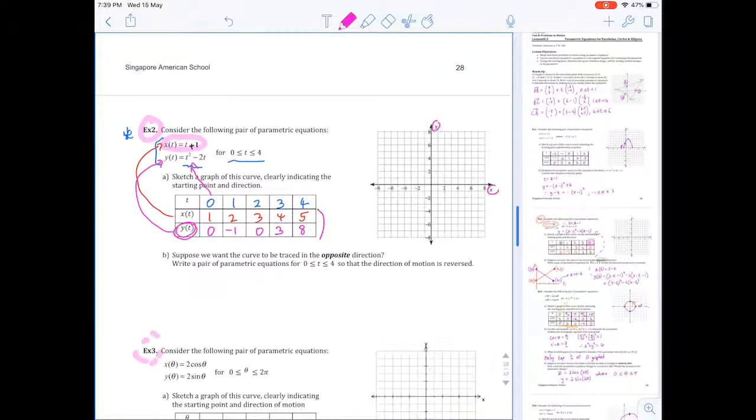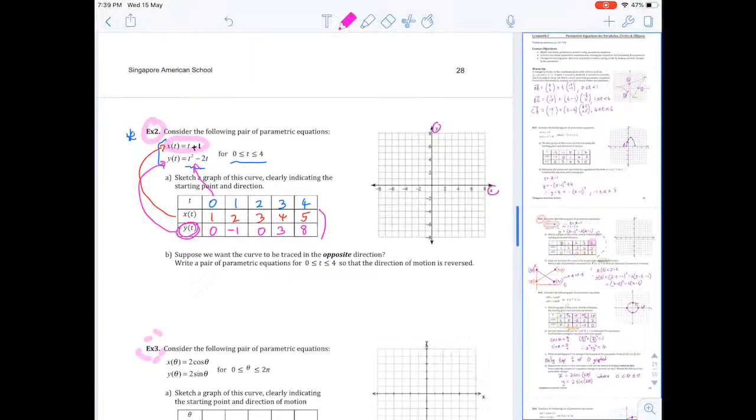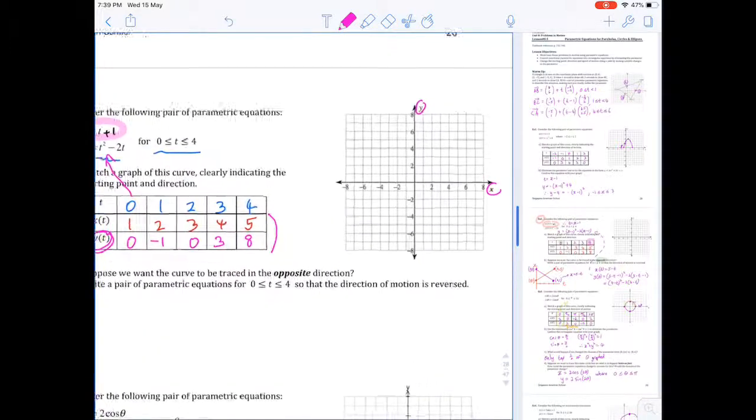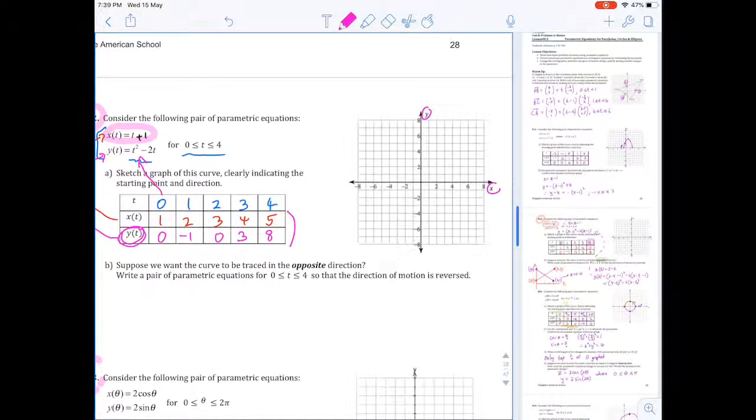I'm going to start by plotting those points. x is equal to 1, y is equal to 0. x is equal to 2, y is minus 1. x is 3, and we're back at 0. x is 4, and we have y at 3, and lastly x is 5, and we have y equal to 8.